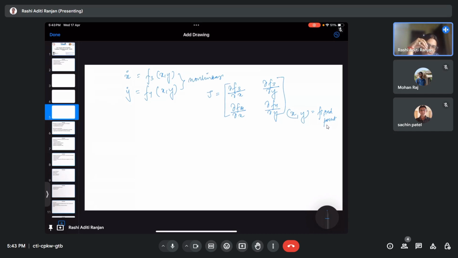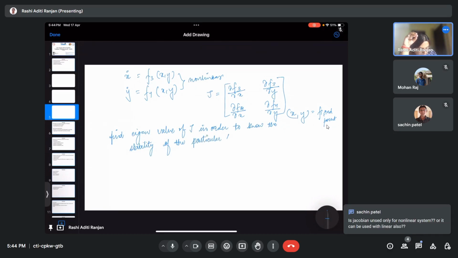After that, I'm going to find the eigenvalues of the Jacobian matrix in order to know the stability of the fixed point.